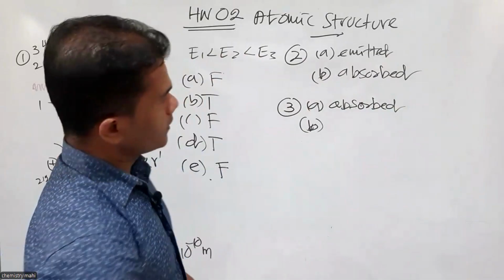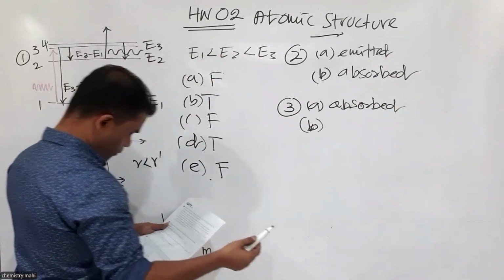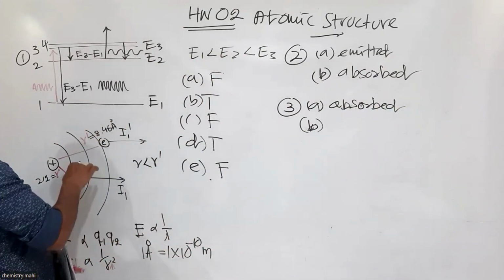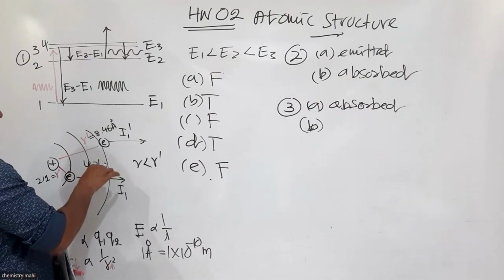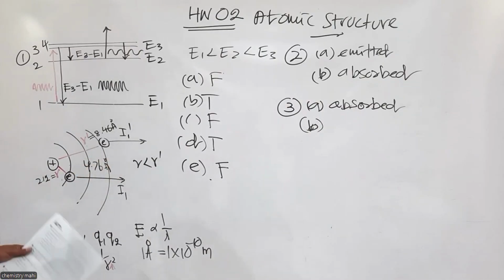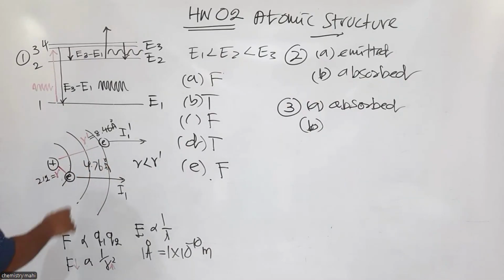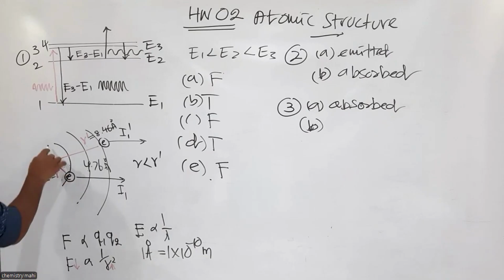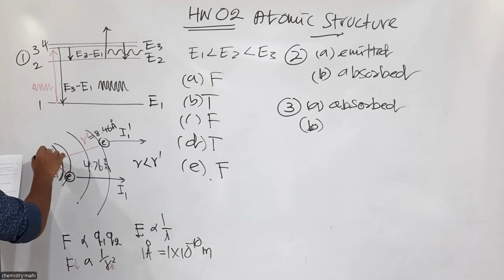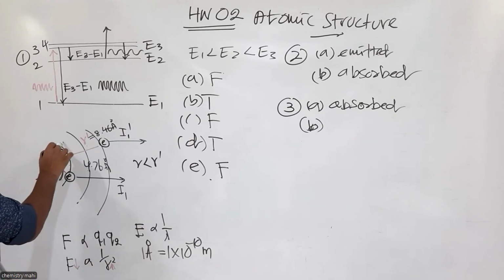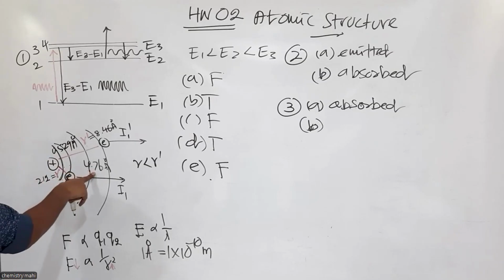B. From orbit radius 4.76 to 0.529. We start with 4.76, somewhere here. Then we come back to 0.529, which should be somewhere here. I just draw these things to help you understand. 0.529 is shorter than 4.76.